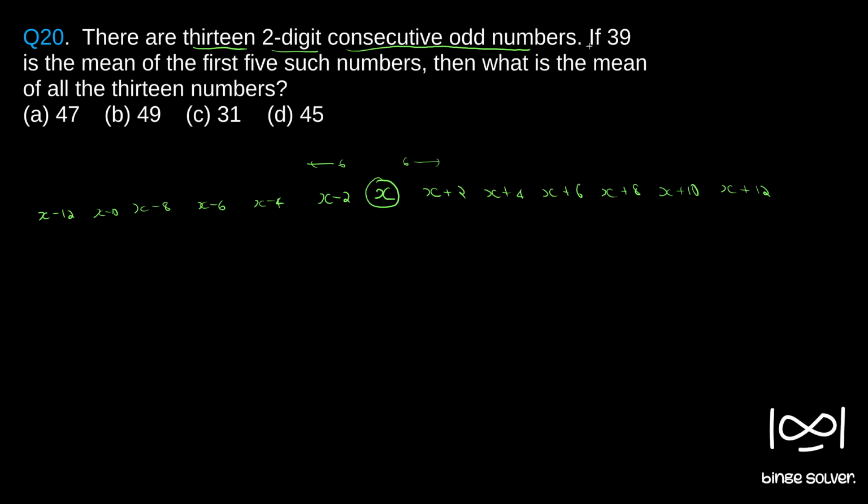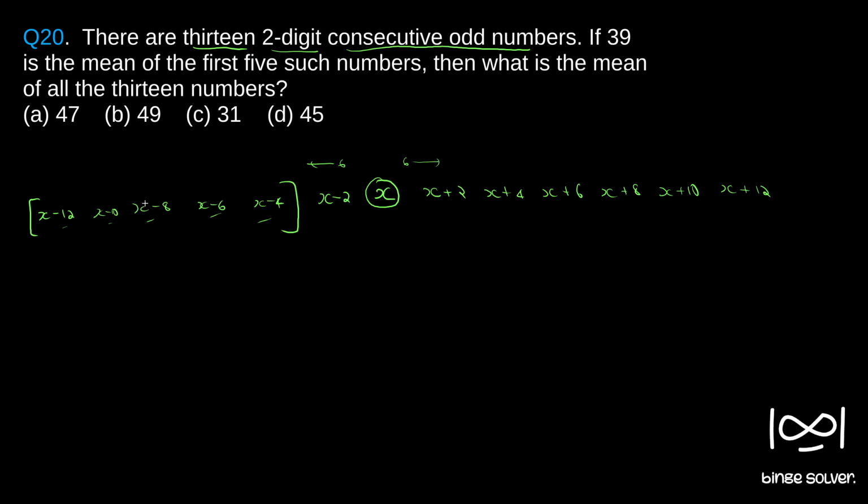Now what is given? 39 is the mean of the first 5 such numbers. So this is the first number, and the first 5 numbers are 1, 2, 3, 4, 5. What will be the mean of the first 5 numbers? Since these are consecutive numbers which are equally spaced, the mean is simply the middle number.